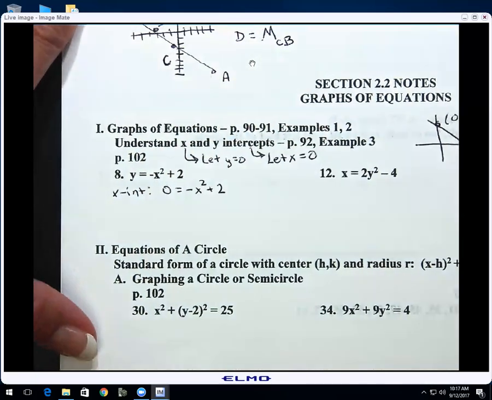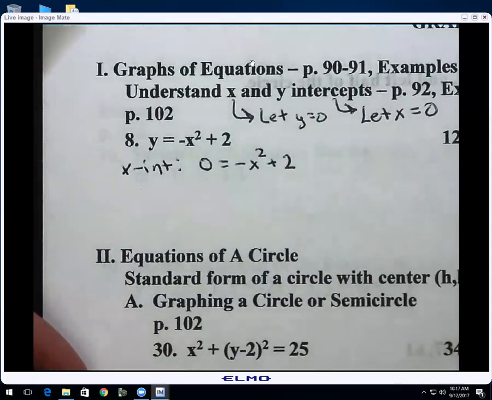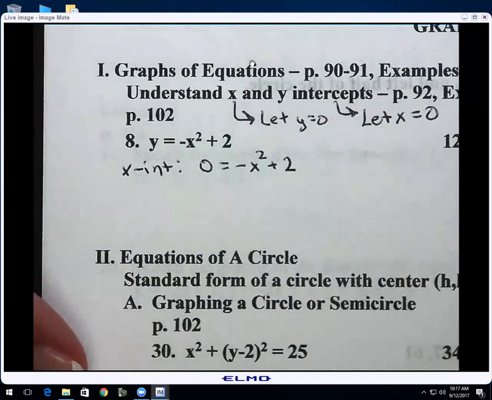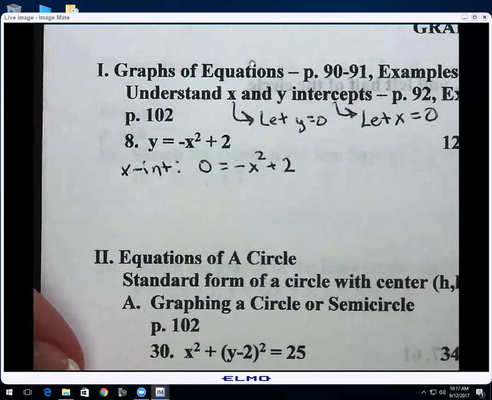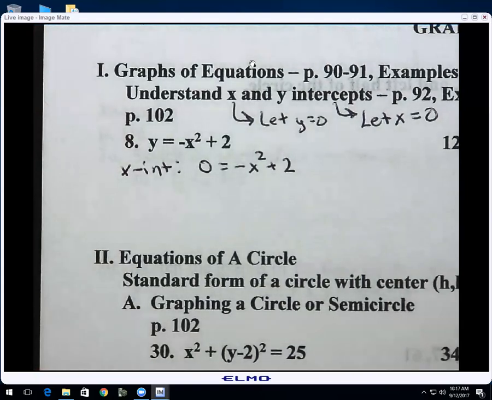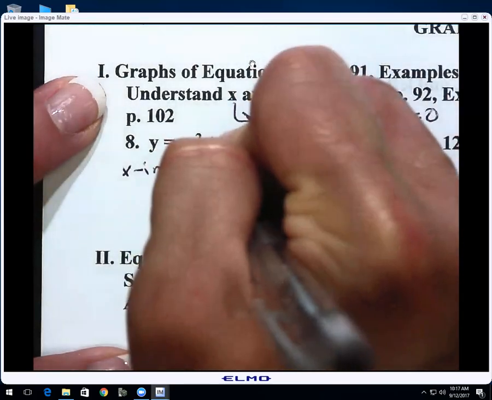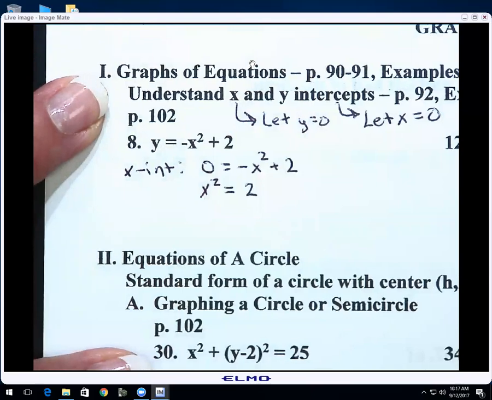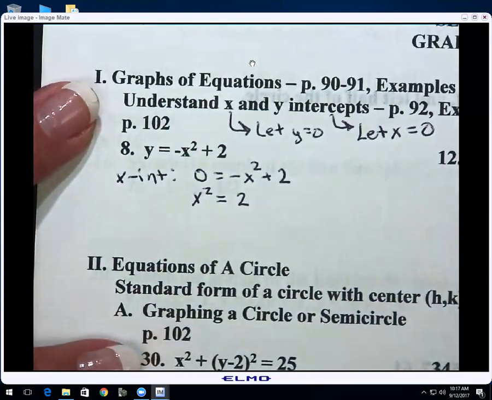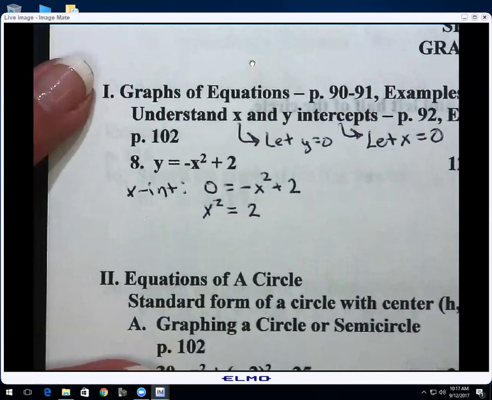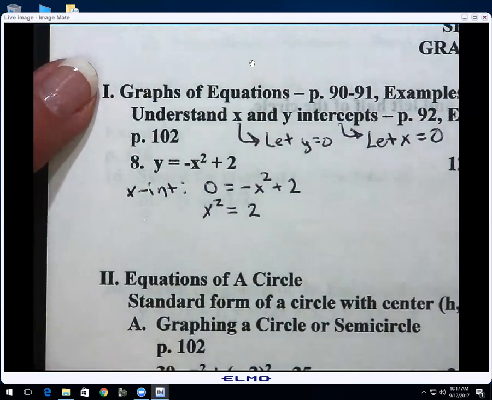And how would you solve that equation? You could either subtract 2 from both sides, and then you'd have to divide both sides by negative 1. And that's perfectly okay. It would be a little bit faster just to add x squared to both sides. But you get the same thing either way, it doesn't matter. So what are the x-intercepts of that graph?